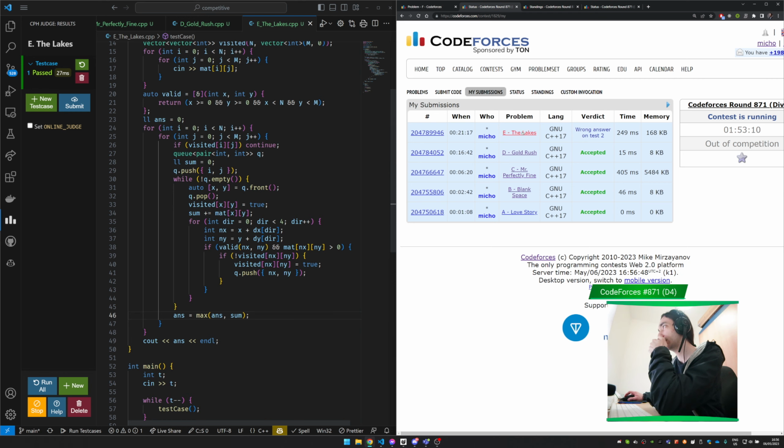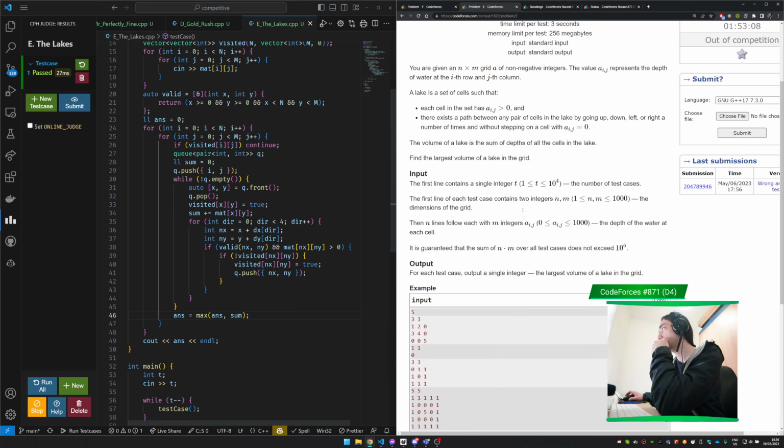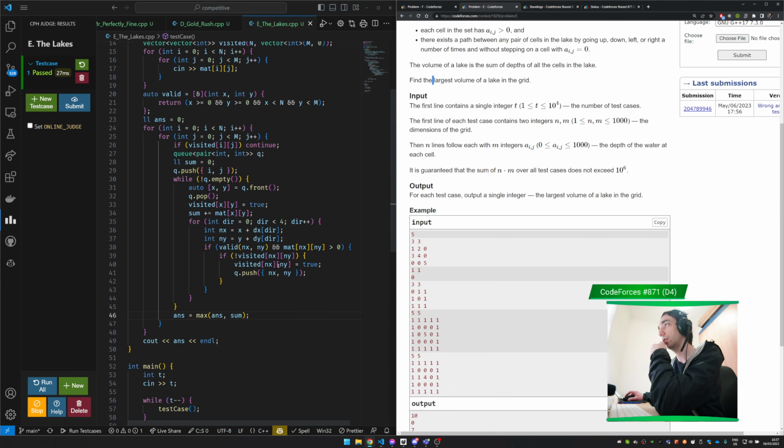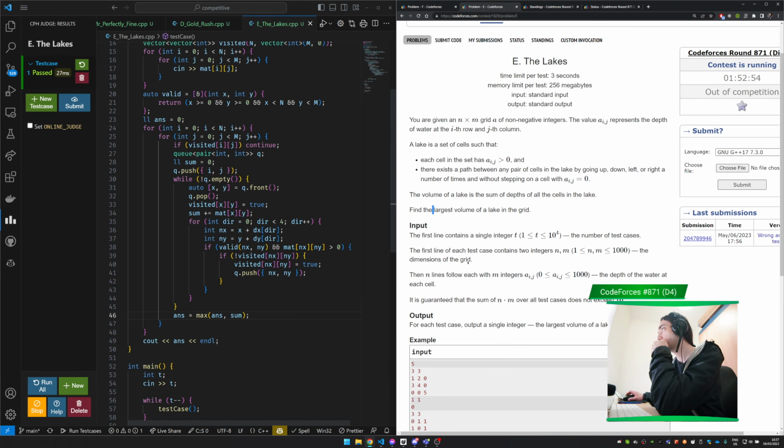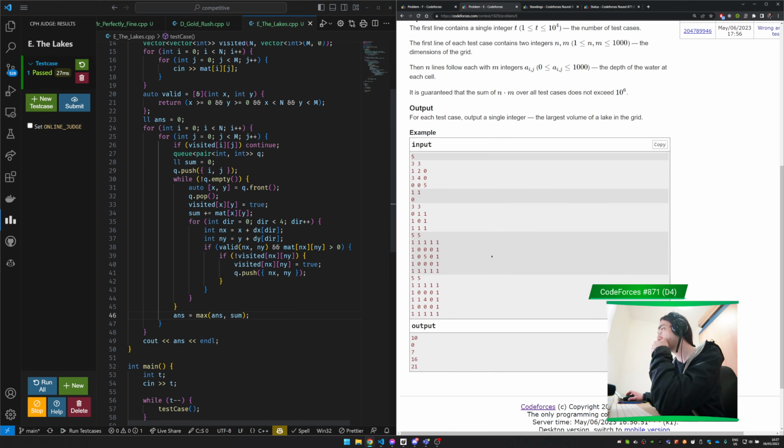We got wrong answer on E. Wait, what? Find the largest volume of a lake in the grid. Okay, that's impossible.